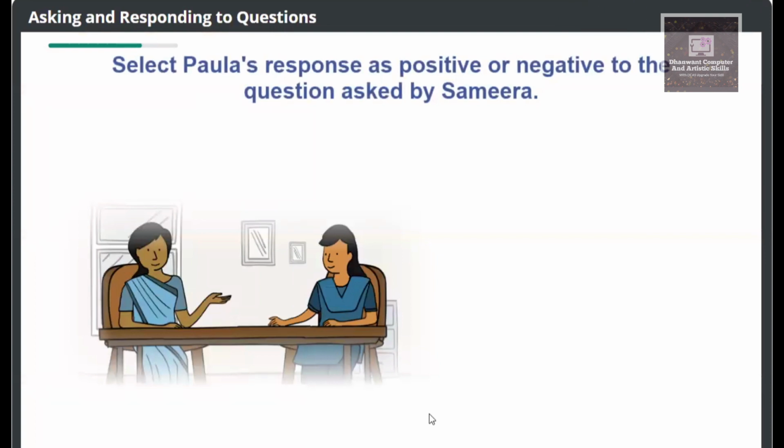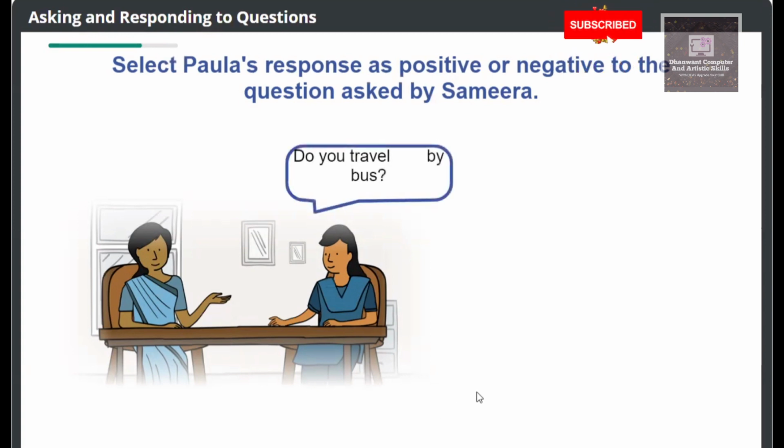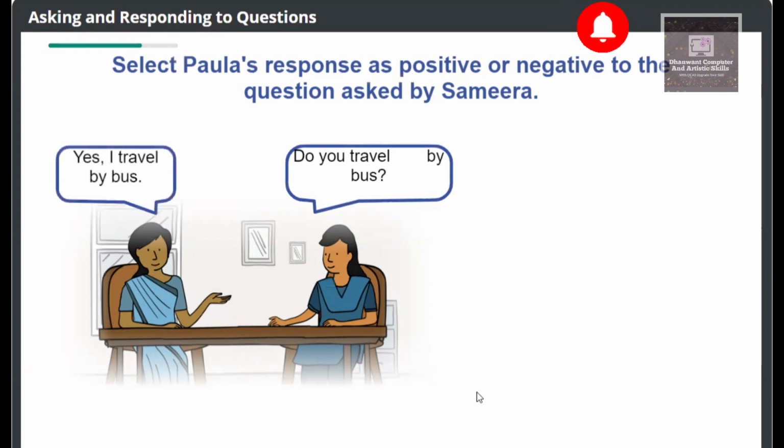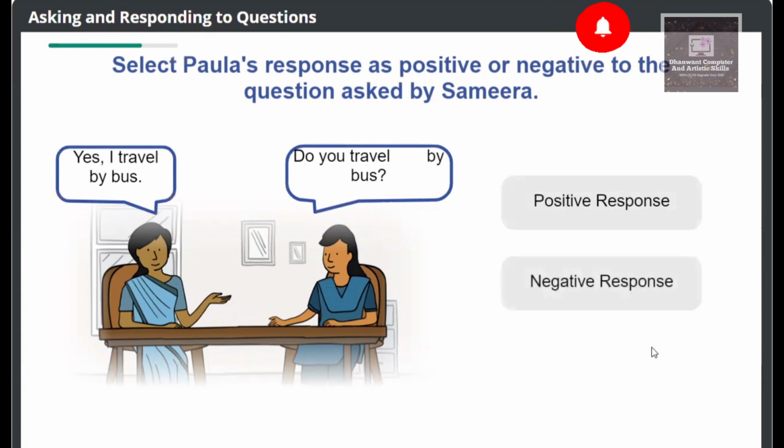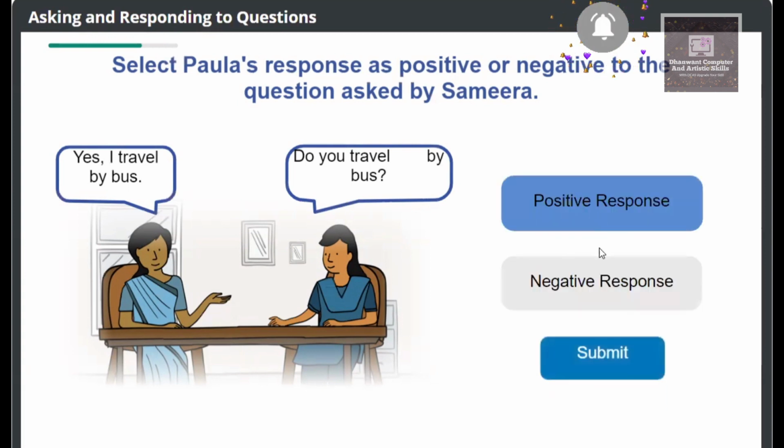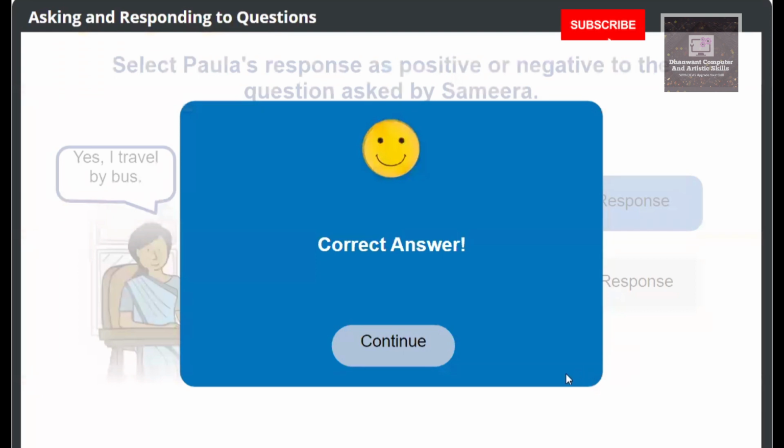Select Paula's response as positive or negative to the question asked by Samira. Do you travel by bus? Yes, I travel by bus. Positive response. Negative response. Correct answer.